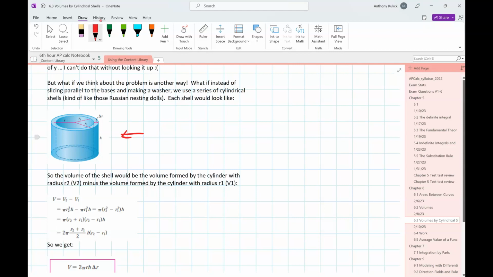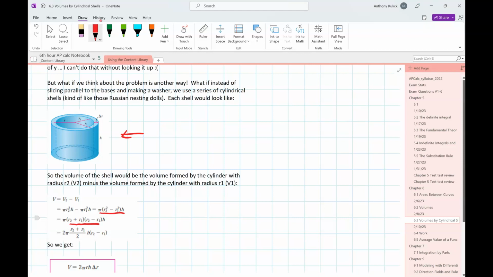So if the outer cylinder has radius R2 and the empty cylinder has radius R1, that's just going to be pi R2 squared H minus pi R1 squared H. And I could factor an H out of that. I notice that R2 squared minus R1 squared is a difference of two squares. So I can factor that piece.